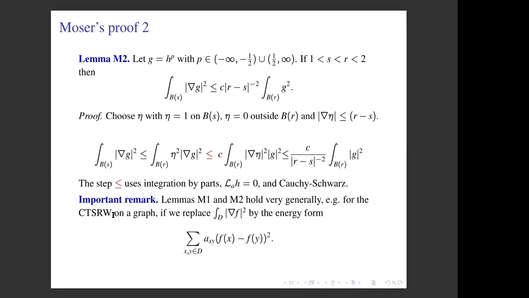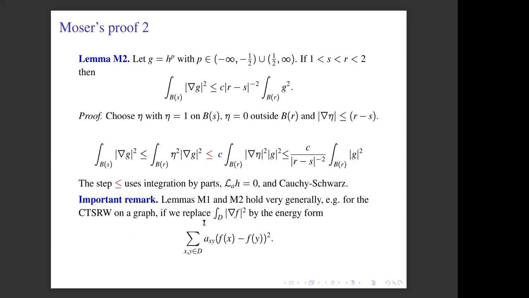And an important remark is that these two lemmas work, although I've presented them in the context of divergence form operators, they actually work very generally on manifolds, metric spaces, and on graphs.